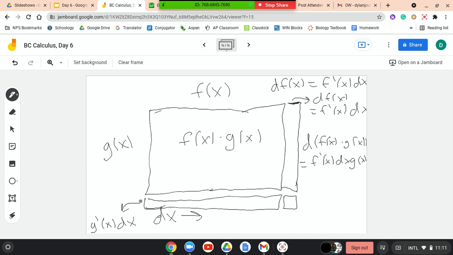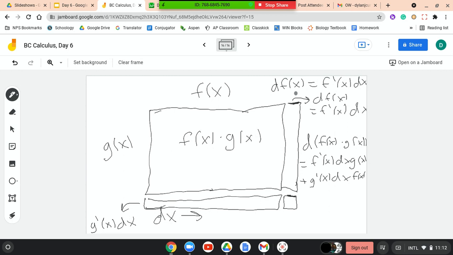Cool. This rectangle has a side length here of g prime of x dx, and a side length here of f of x. You see how they're the same length? Yep. Cool. And so we've got the area of this, and the last thing we have to do is the area of this.